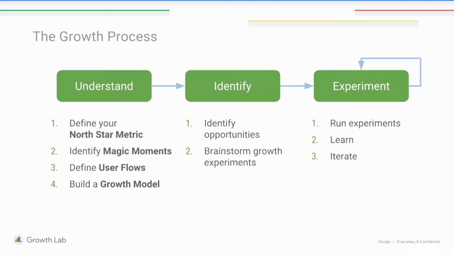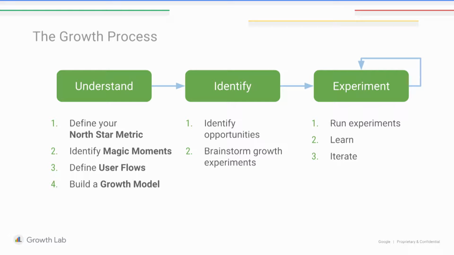So there's an overall growth process that we follow, and there's 3 main phases to it. There's the understand phase, where the focus is understanding as much as you can about your users and how they're interacting with your product, where they're coming from, what they're doing in the product, how active they are, what they're engaging with, and so on.